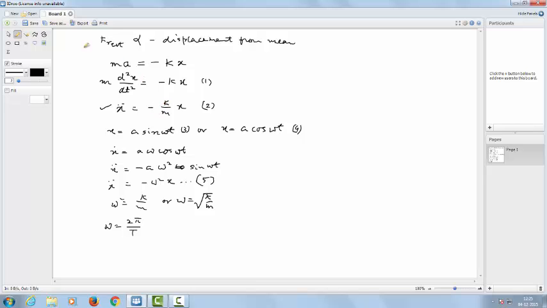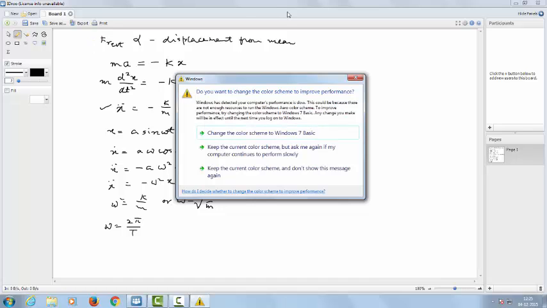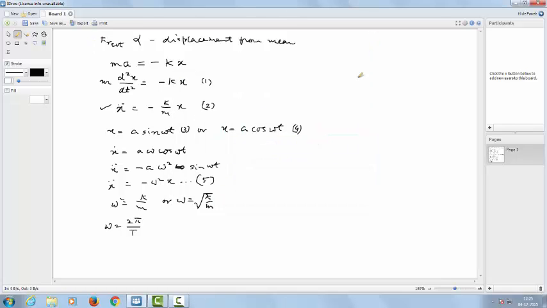Now we apply the trick to find the time period of a system that is as shown in the figure.